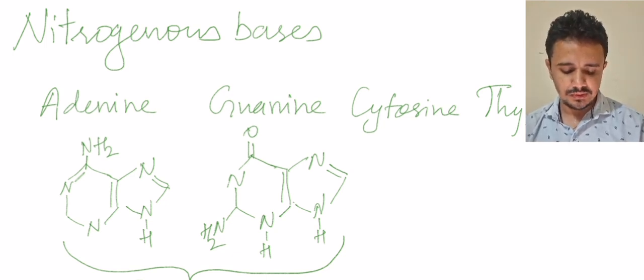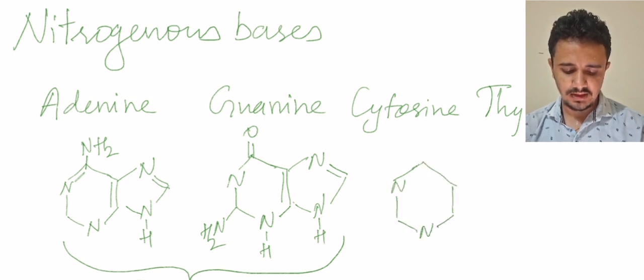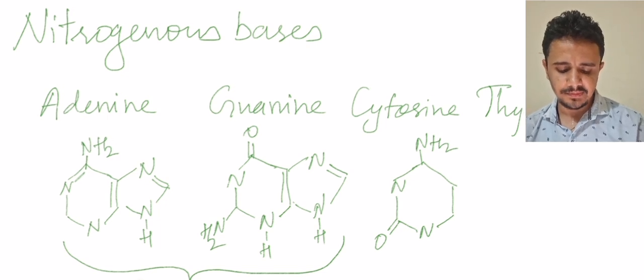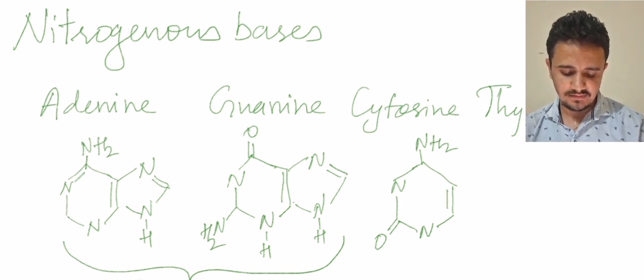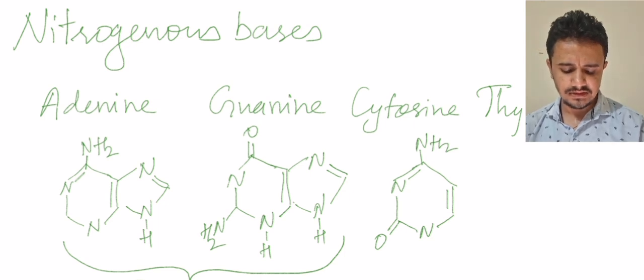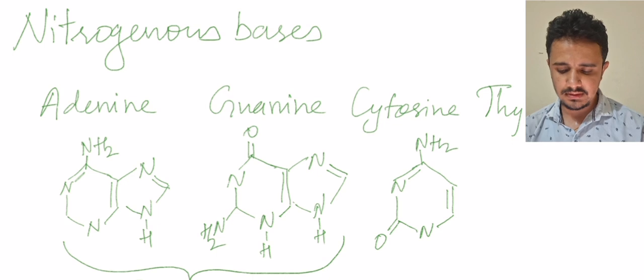Okay, so this is also similar to adenine, but here oxygen is present in this position. Okay, and here a double bond is there, and wherever we need a double bond we have to make it. Now this is how our cytosine will look like, and the thymine will look something like this.